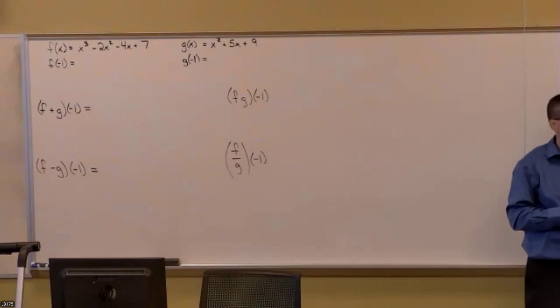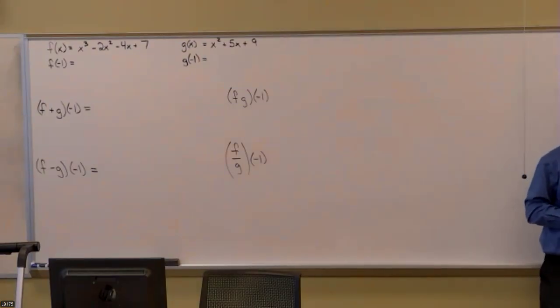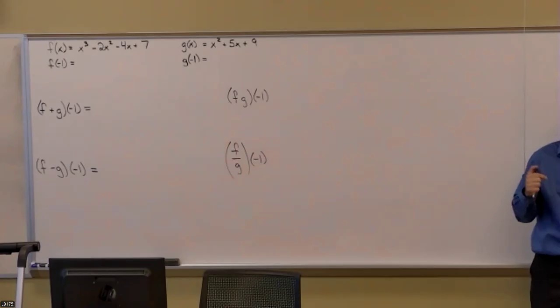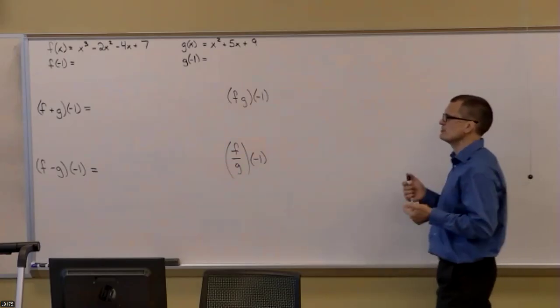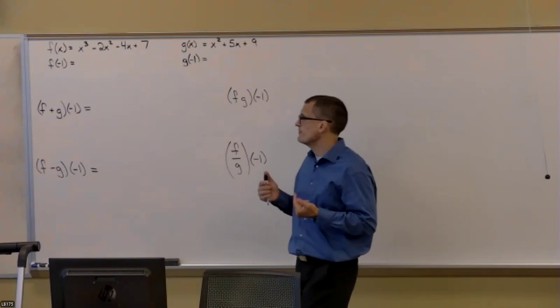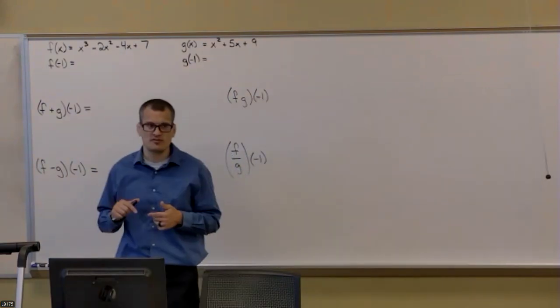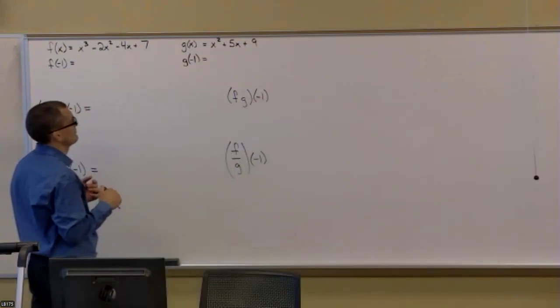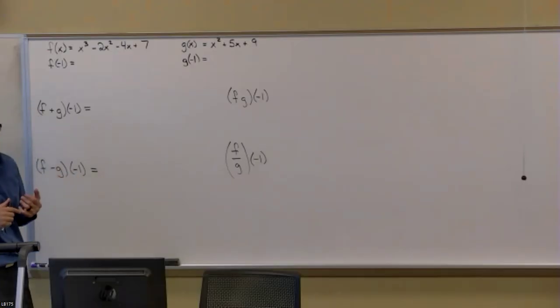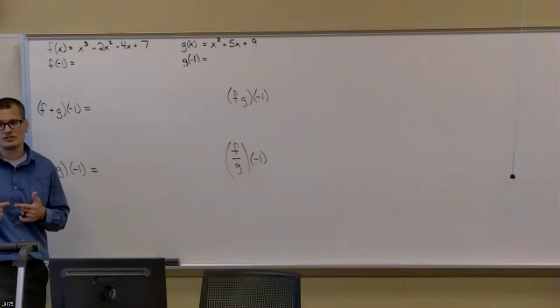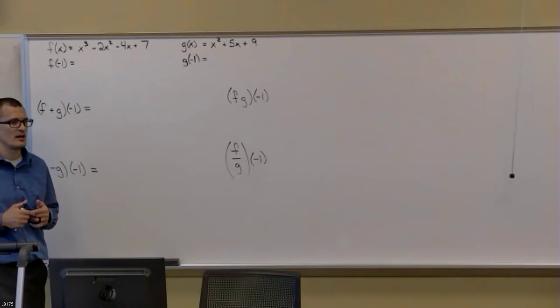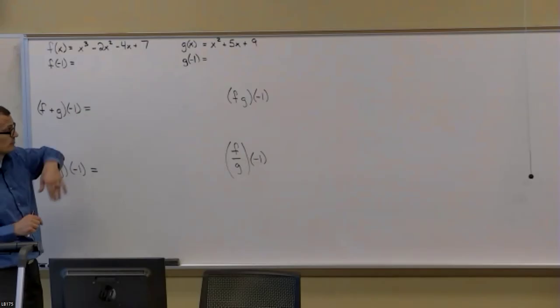Let me get the specific ones. I always think in a situation like this, to me, it's easier to do the specific because these functions have lots of terms. And so when you just start doing the general version of it, it gets messier with lots and lots of terms, especially when you're multiplying.